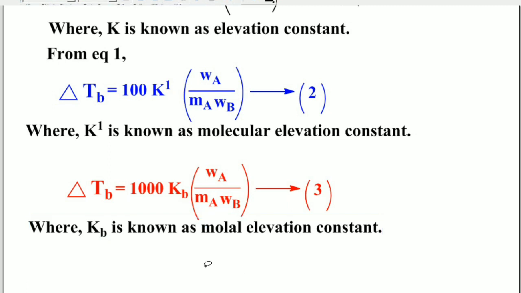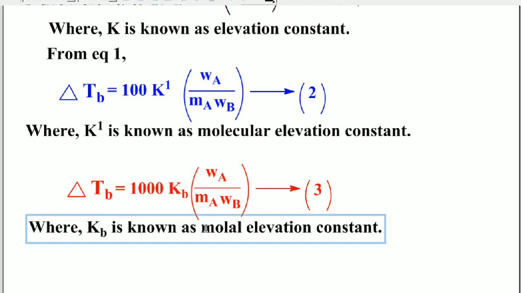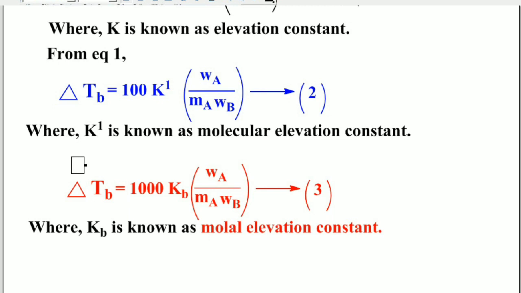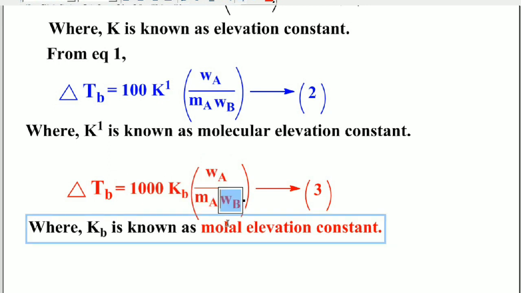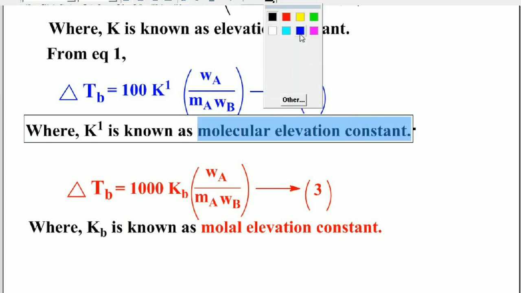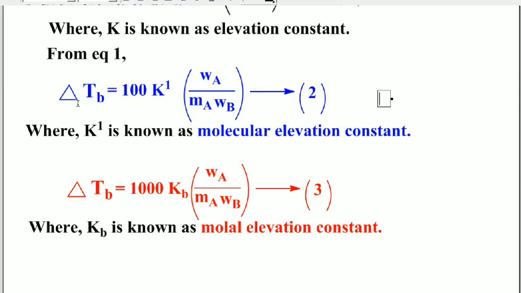If you use molar elevation constant in the given problem, we can use equation number 3, that is delta Tb is equal to 1000 into Kb into Wa by Ma into Wb. If K dash is given as a molecular elevation constant, then we can use delta Tb is equal to 100 into K dash into Wa by Ma into Wb.